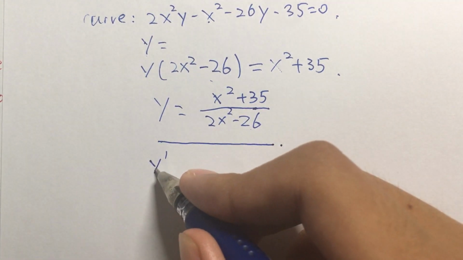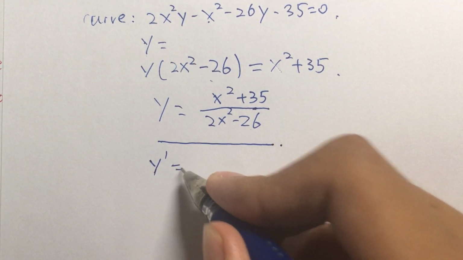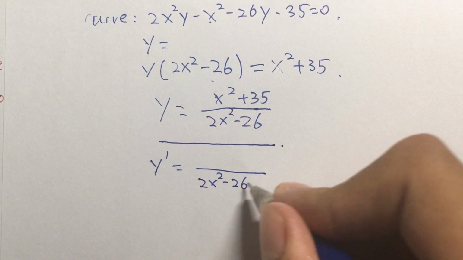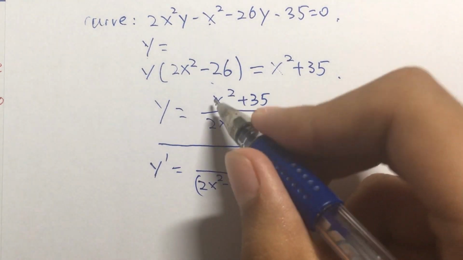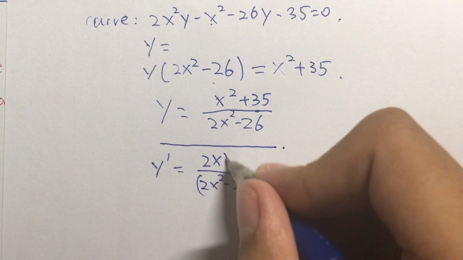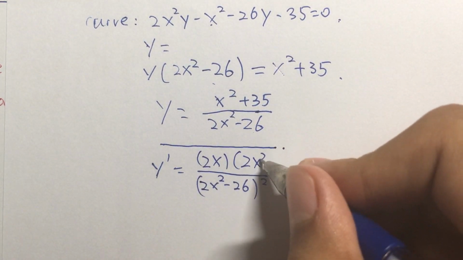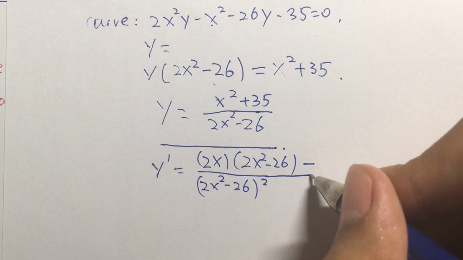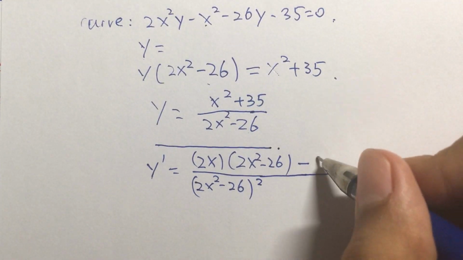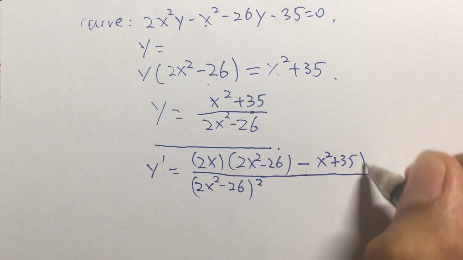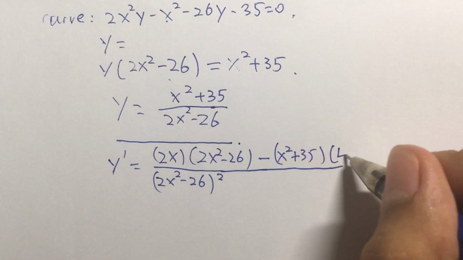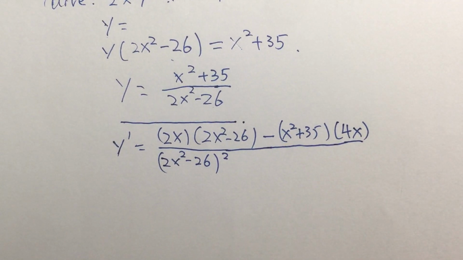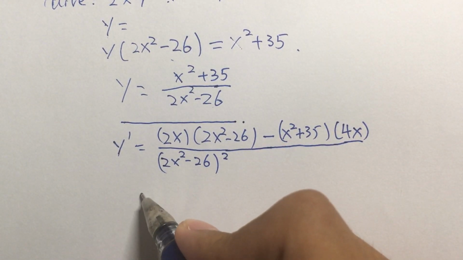And now y dash equals, over 2x squared minus 26 squared, here we get 2x times 2x squared minus 26, and minus x squared plus 35 bracket times 4x, and this is the result of the quotient rule.